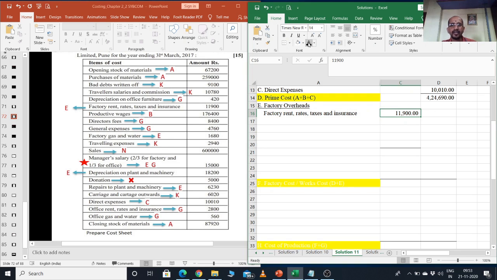It is 11,900. Next is the factory gas and water. We will write here factory gas and water. The amount is 1,680.